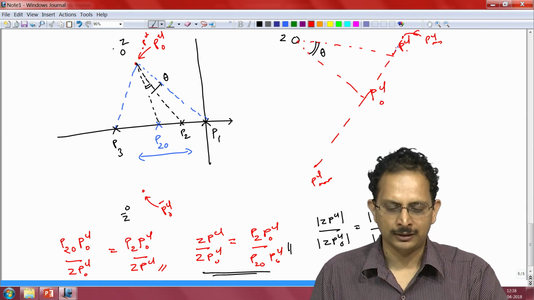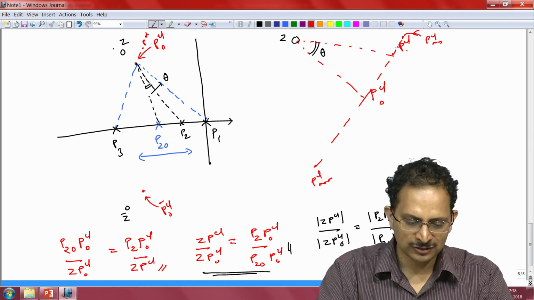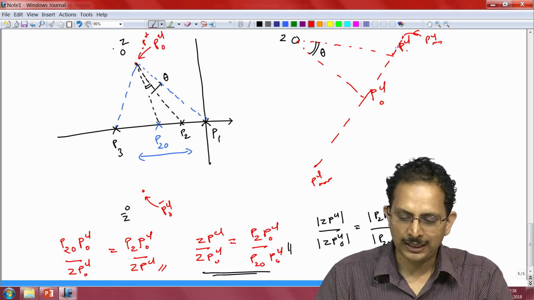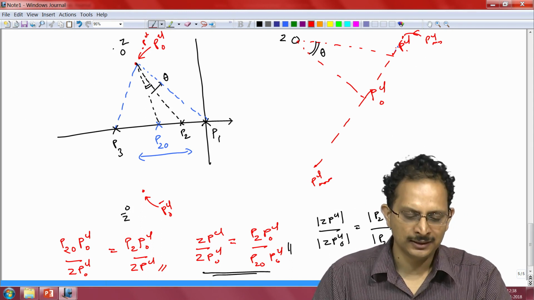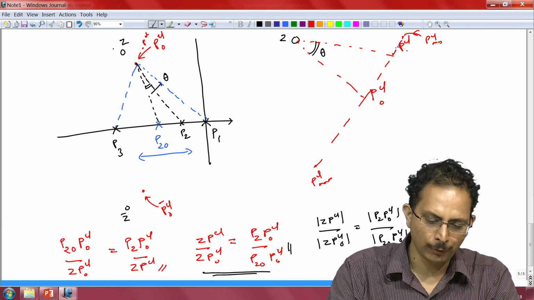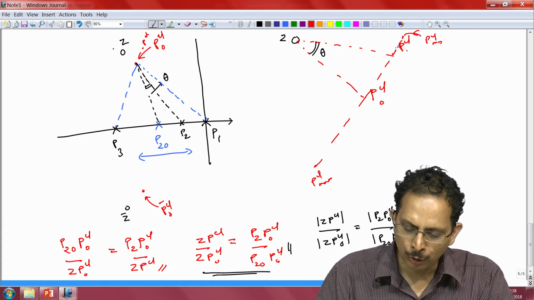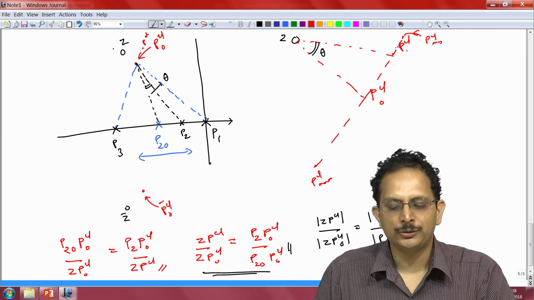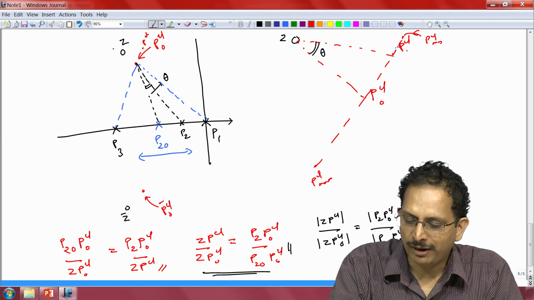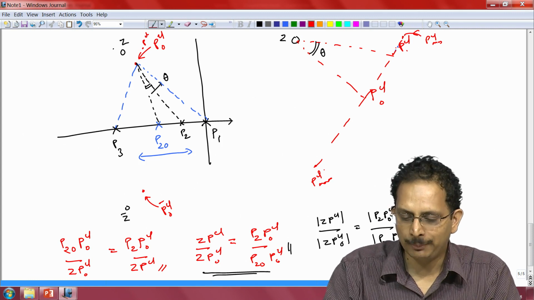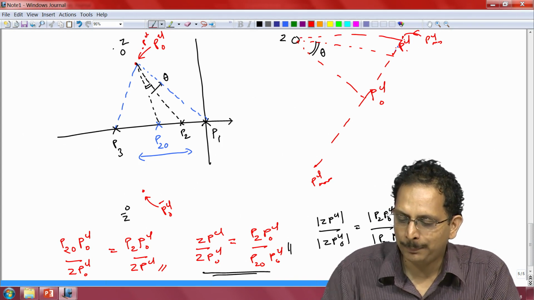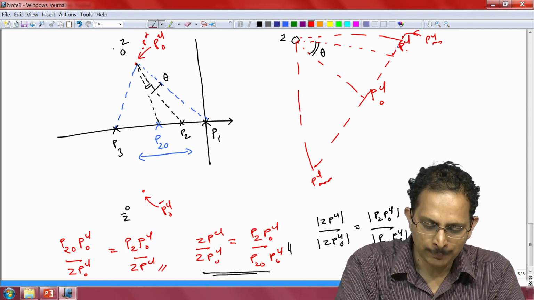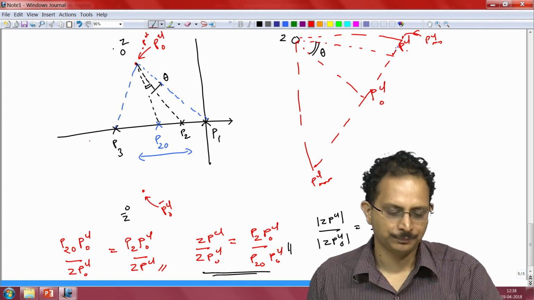Based on what we have discovered now, namely that the triangle described by the point PCL with respect to the point Z and the point PCL naught is similar to the triangle described by the point P2 with respect to the points P2 naught and PCL naught, we can conclude that when the plant pole wanders about between the points P1 and P3, the closed loop pole wanders about between the points PCL max and PCL min in such a manner that the triangle Z PCL min PCL max is similar to the triangle PCL naught P1 and P3.